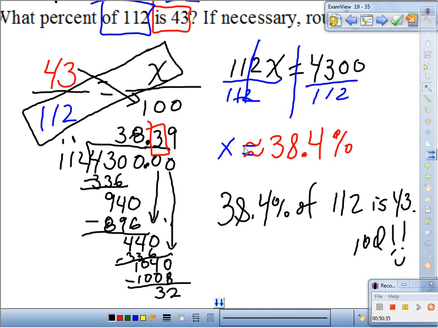Yes, the approximately, make sure you put that. And if you want to write it in here, that's fine, but as long as you write it there, it's all right. But if you write 38.4% is, instead of is, it should be approximately, but that's fine. I'll take that. All right, let's go to number 20.